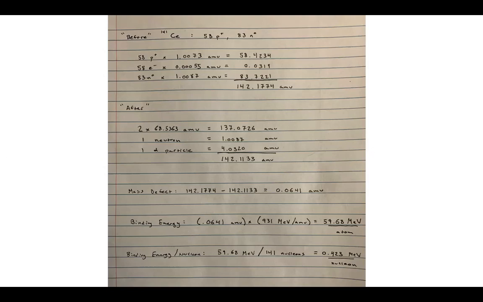I think what your professor, Dr. P, did is he already did E equals mc squared to get this conversion factor and plugged it in. I don't love that he did it that way. However, that's how they did it. So it depends on what conversion factors they give you.